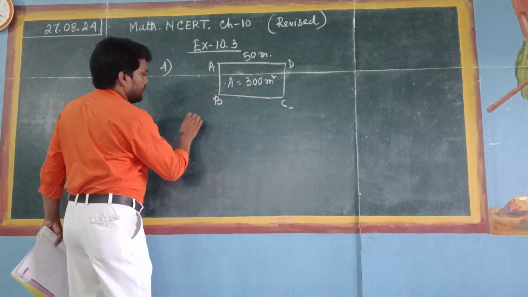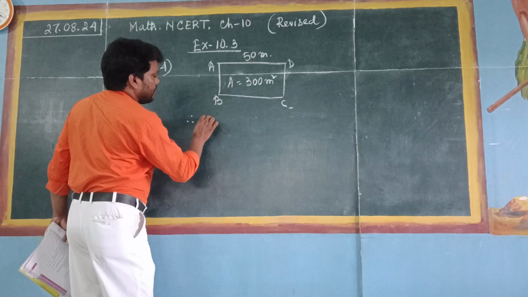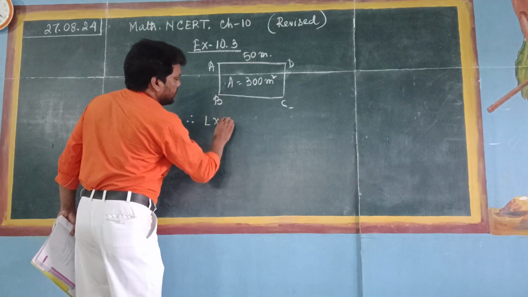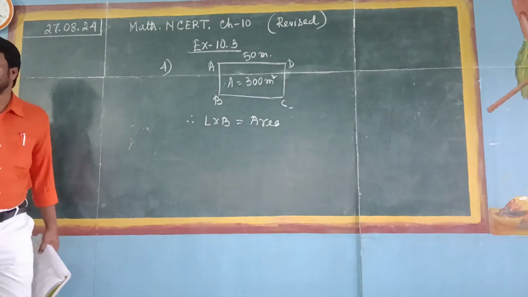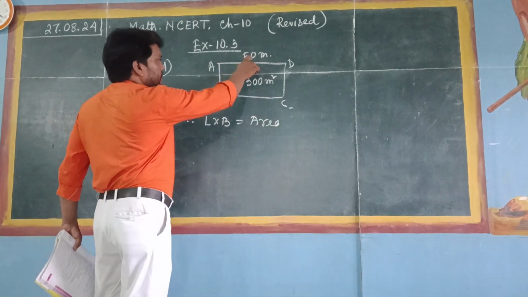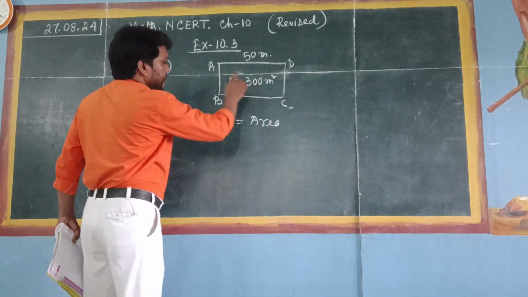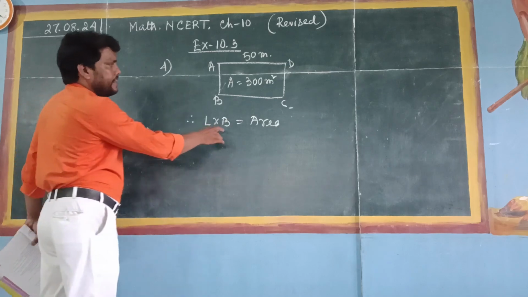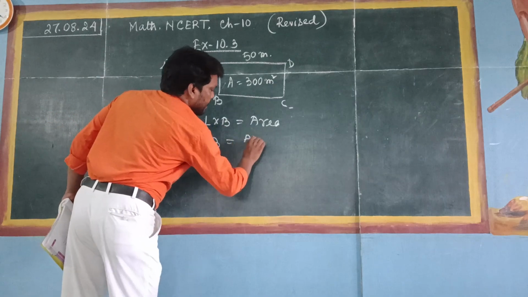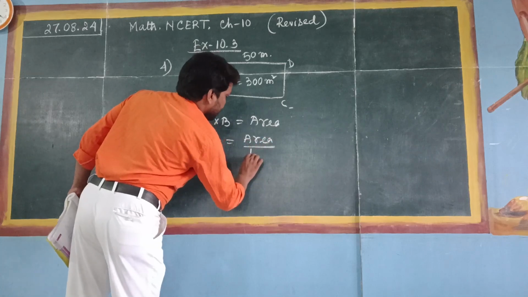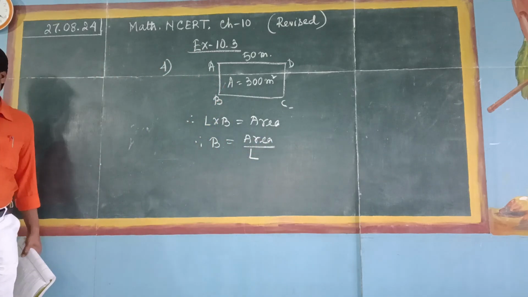So according to the question, length into breadth equals area. You have to find out the breadth. Then breadth will be area divided by length. This is the procedure.